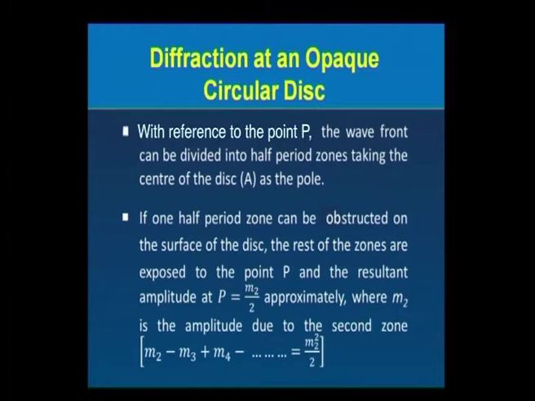So, I write the resultant as M2 minus M3 plus M4 minus M5 and so on. That is obvious, because the obstruction is such that it is able to obstruct light coming from the first half period zone. So, M1 is 0, because light is not passing through the first half period zone; it is cut off by the obstacle.